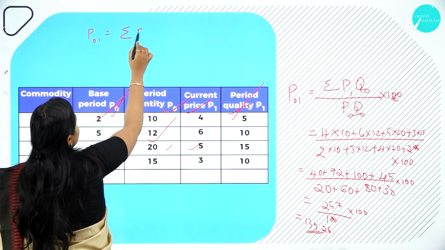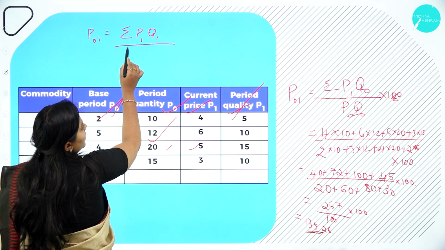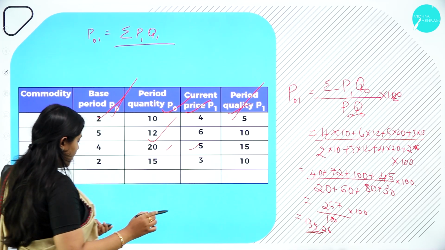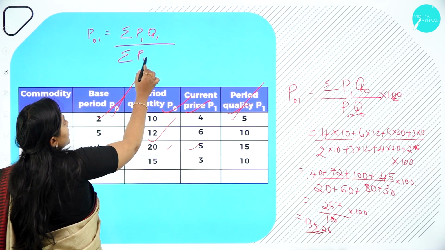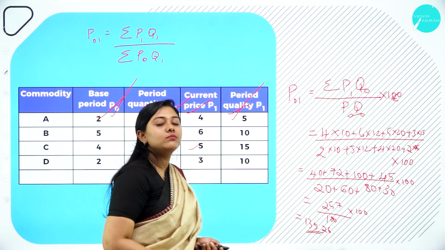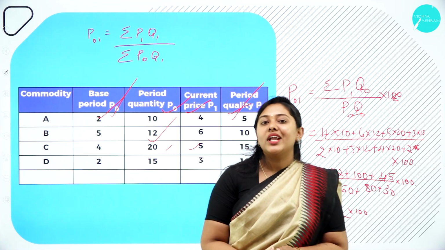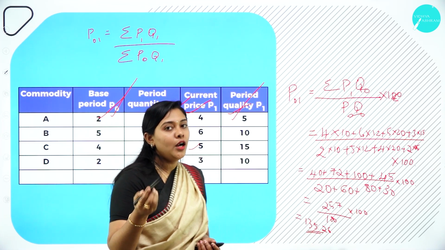Sigma current year price times current year quantity, divided by sigma base period price times current period quantity. So if you apply this formula, let us see what the change in price is.